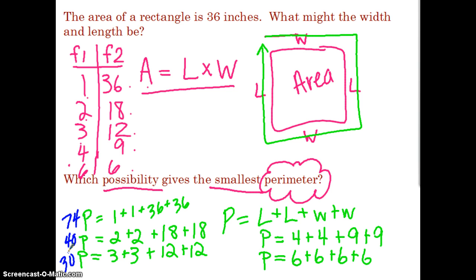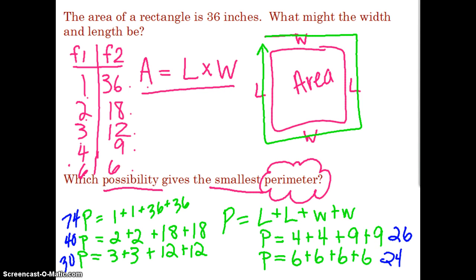And the 4 by 9? What is it? 26. All right, 26. Maddie, you said 30, okay. And then the 6 by 6 is going to be what? Somebody? Okay, I'll do it. Which was 24. Okay, so 24.